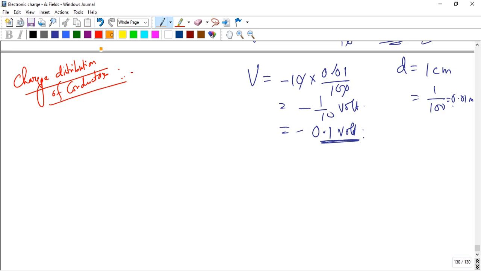Consider a conductor. The first assumption is that the charge is distributed throughout the conductor, like this, throughout the conductor, outside and inside.